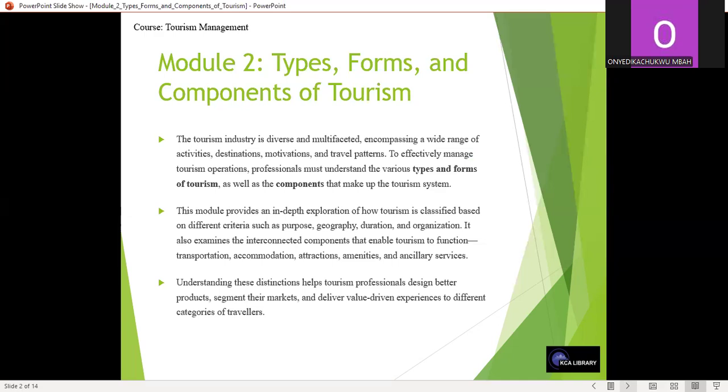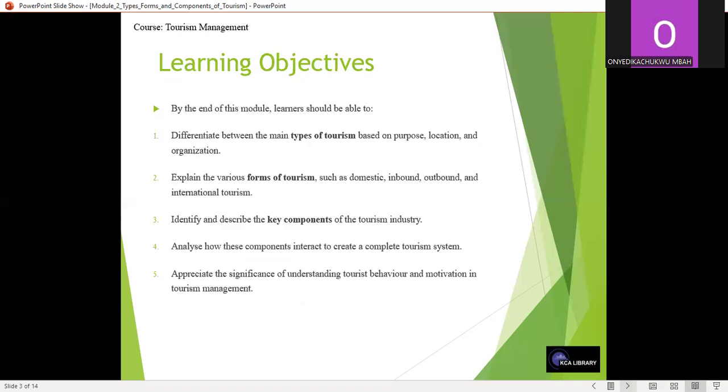Understanding these distinctions helps tourism professionals design better products, segment their markets, and deliver value-driven experiences to different categories of travelers.